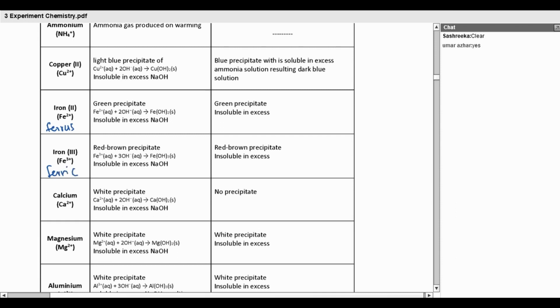So you add NaOH, limited, and you get a dirty green or dark green precipitate, which is insoluble in excess alkali. Almost the same observation is seen with aqueous ammonia as well: dirty green precipitate, which is insoluble in excess ammonia. That's the test for the ferrous ions, which is Fe2 plus.